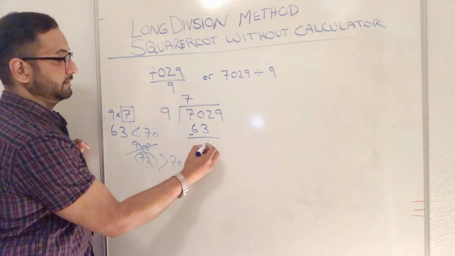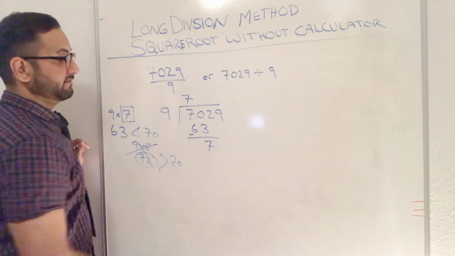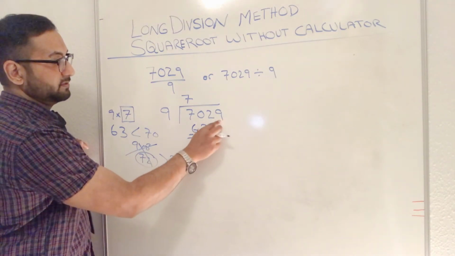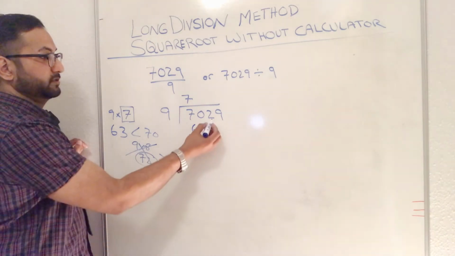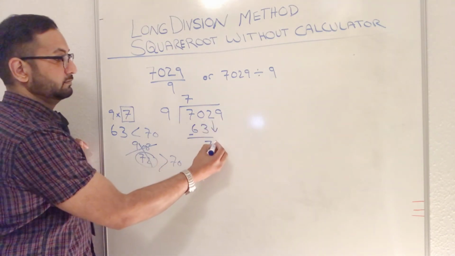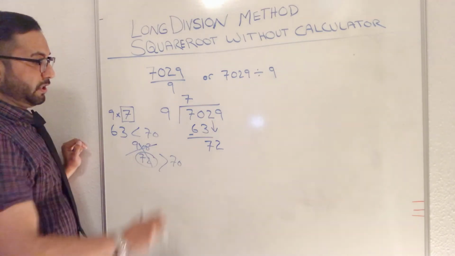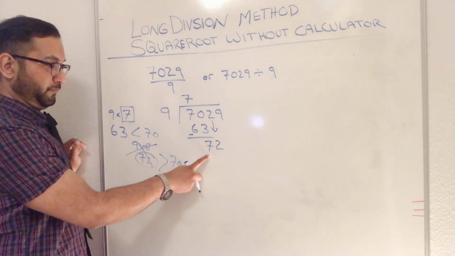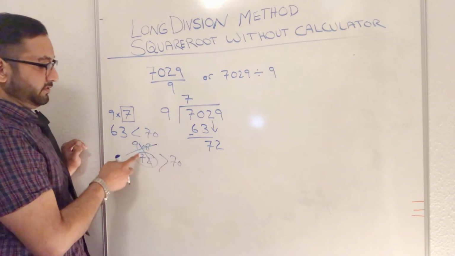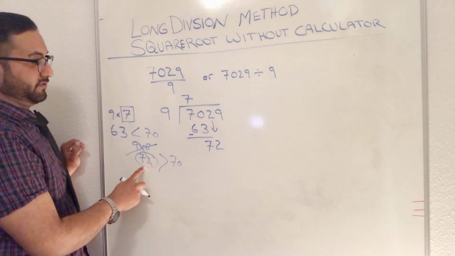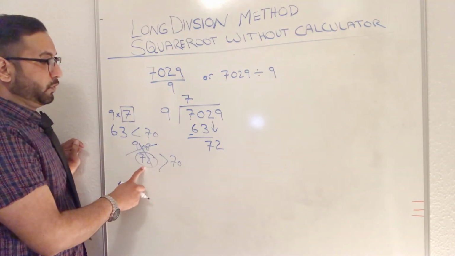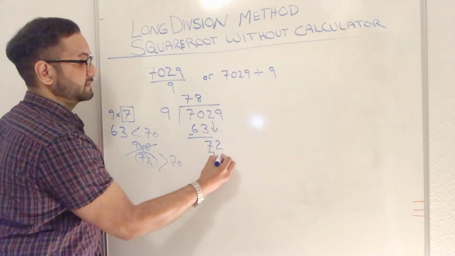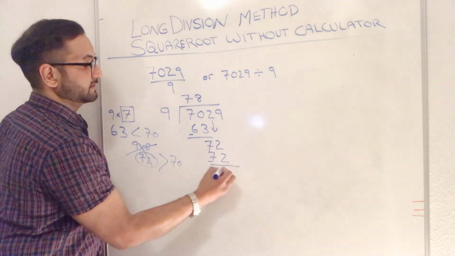Then we subtract the values and we get 7 remainder. Now we have two more digits, so we bring the 2 down, and that becomes 72. Now we check how many 9s go into 72. 9 times 8 becomes 72, going in exactly, and our remainder is 0.